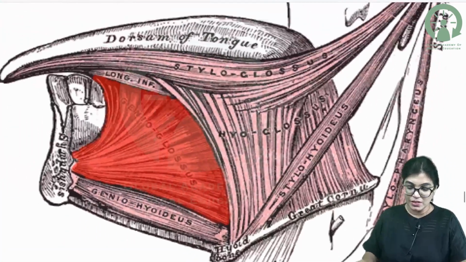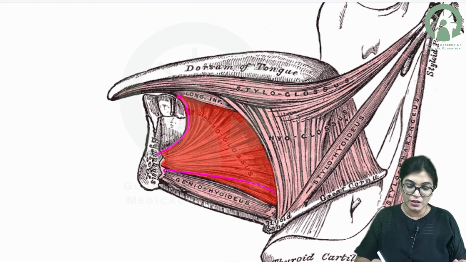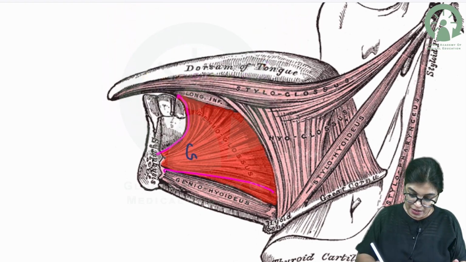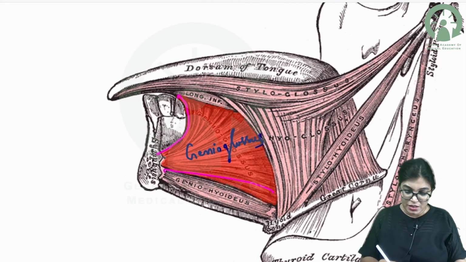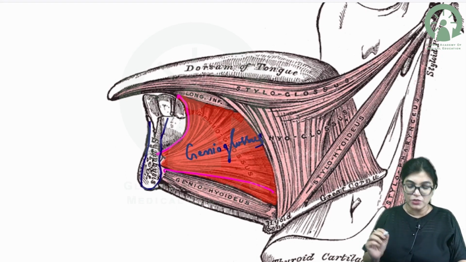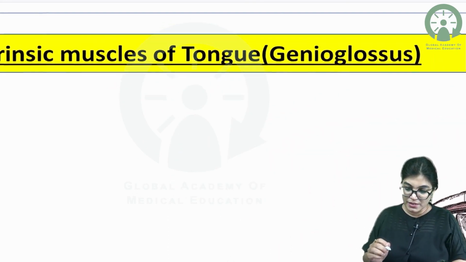The first muscle is the largest one, the fan shaped muscle. This is the genioglossus muscle, which is shown here. Genioglossus arises from the superior genial tubercle of the mandible. So, please write down genioglossus muscle.